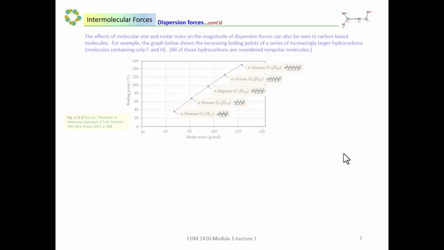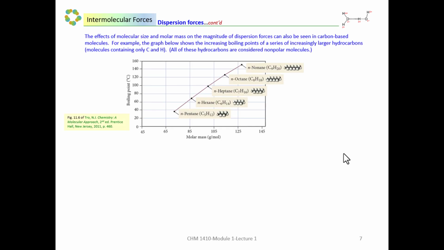The effects of molecular size and molar mass on the magnitude of dispersion forces can also be seen in carbon-based molecules. For example, the graph below shows the increasing boiling points of a series of increasingly larger hydrocarbons. Hydrocarbons are compounds that contain only carbon and hydrogen. So here we have n-pentane, which contains 5 carbons and 12 hydrogens, and this little cartoon is a small space-filling model of this molecule.